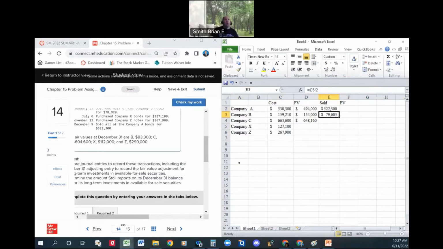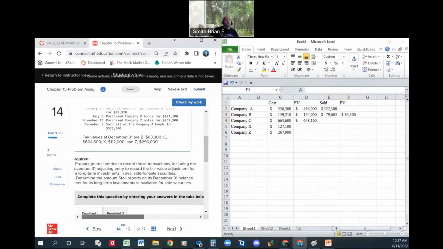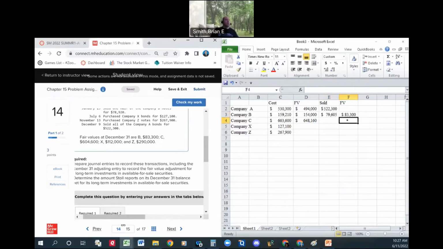Fair value of Company B's bonds is 83,300. C is 604,600. X is 112. And Z 290. Okay. So we have all the data we need on there now.